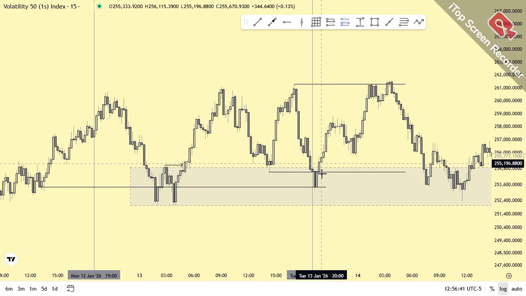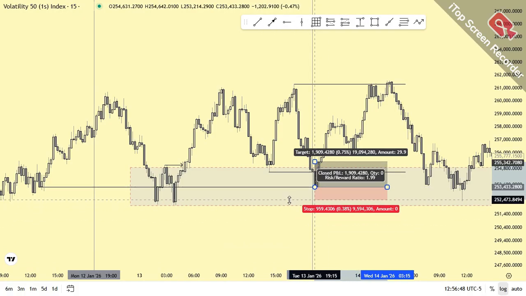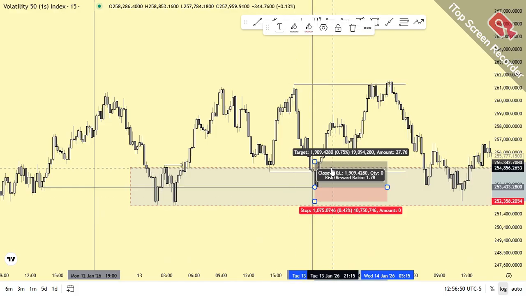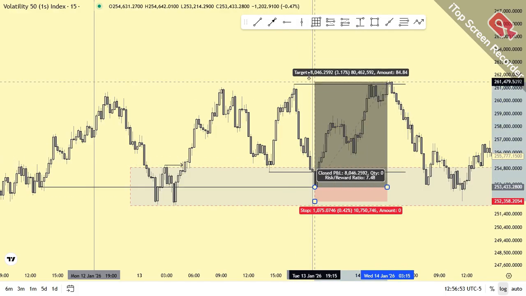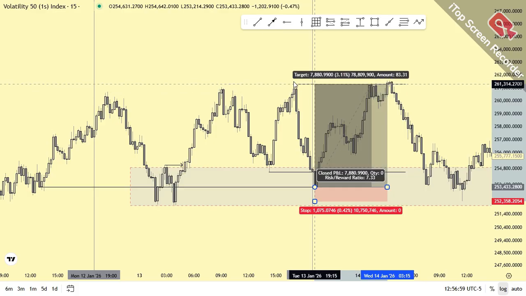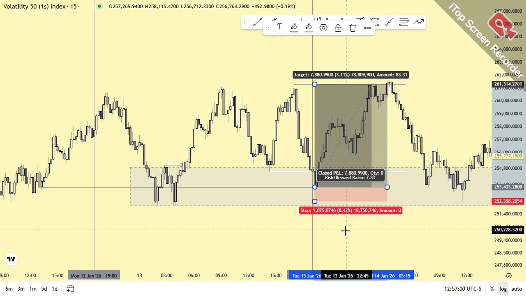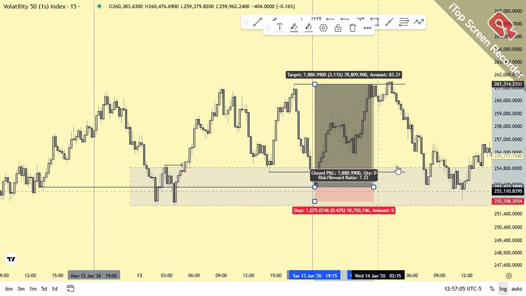Then gave us our entry because this is where we were waiting patiently to take the trade. So we risk $10 and then we make 50 something dollars or more. So this $78, that is the rate for 0.01 on this particular stock.